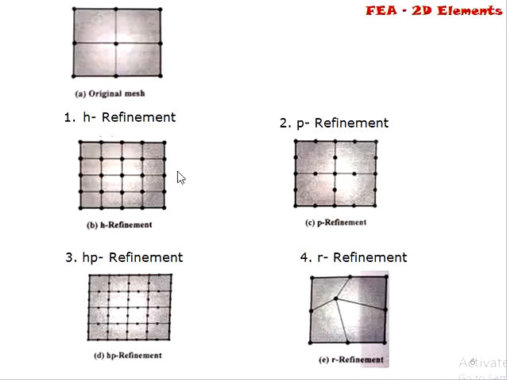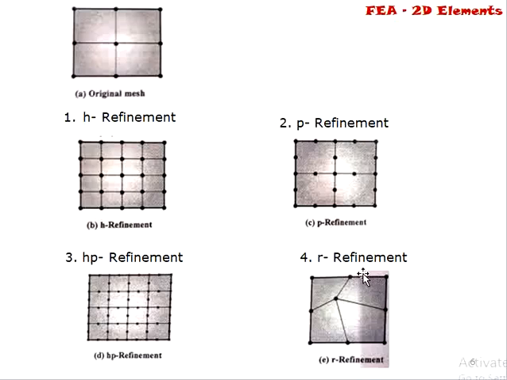In the second type, that is P refinement, the number of nodes in an element is increased. Here we can see the number of nodes is increased without increasing the number of elements. In the third type, both the number of elements as well as the number of nodes are increased.